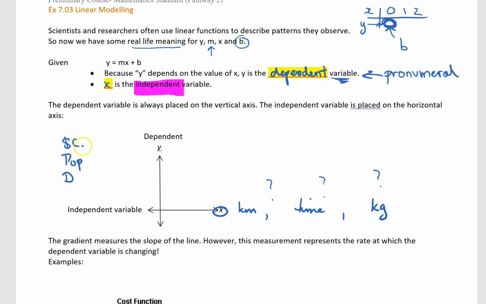So these are the real things that are being measured, and you have to be really careful about the wording of the questions now, because the wording could be asking you for a word answer, a sentence answer referring to the cost. So you need to be really careful and aware of that.